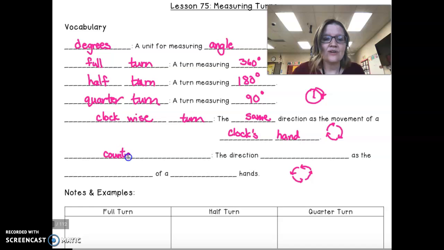This is a counterclockwise turn. And it is the direction opposite the movement of a clock's hands.